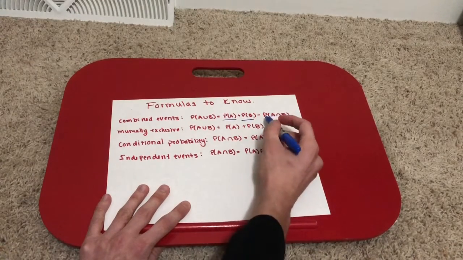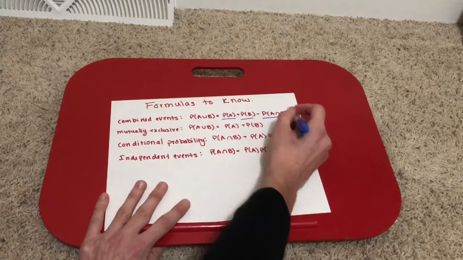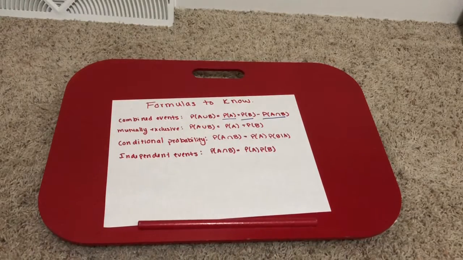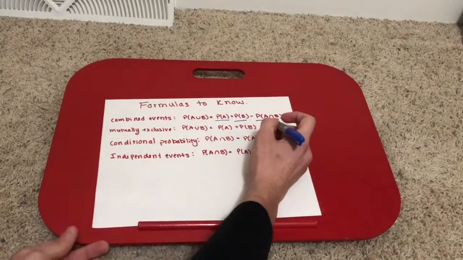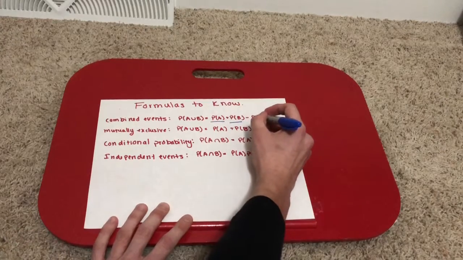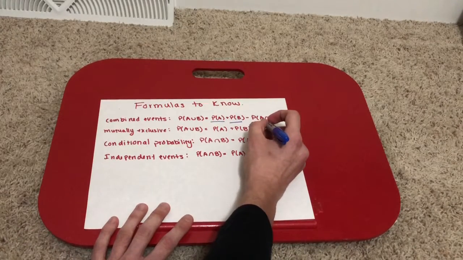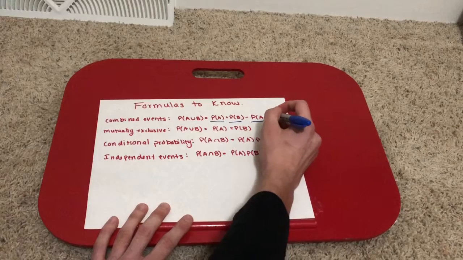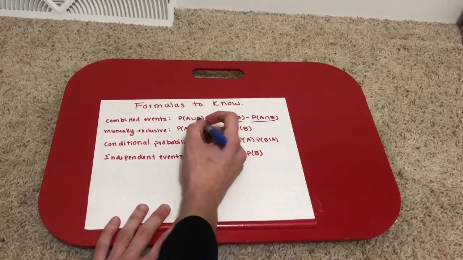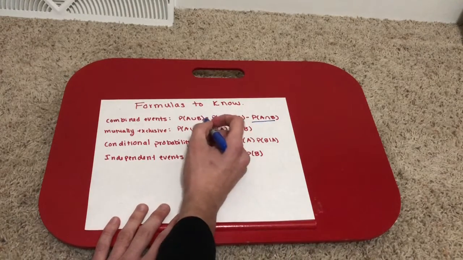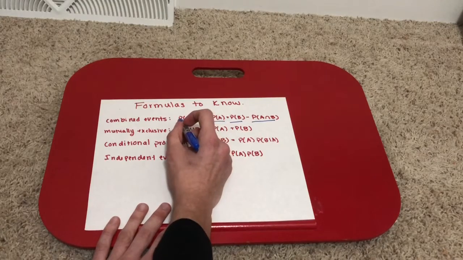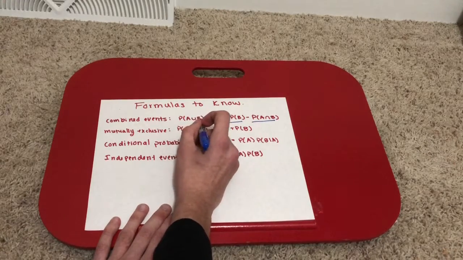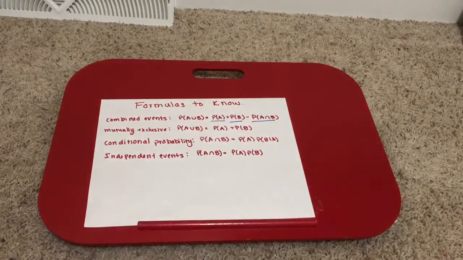Now we're left with this arrangement of letters, which basically means the probability of A and B happening. This is like the intersection. This means the union, so the probability that A union B will happen.